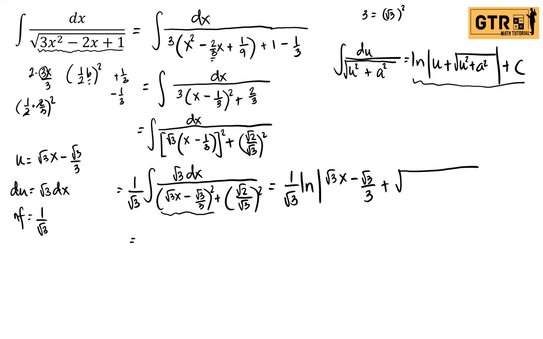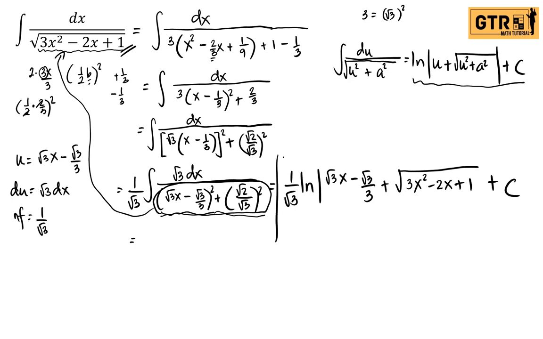But remember, this term is equal to the original expression, the square root of 3x squared minus 2x plus 1. So we will use this. Okay, so plus the square root of 3x squared minus 2x plus 1, plus c. So this is the final answer.